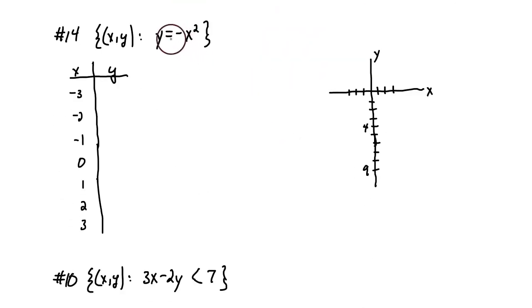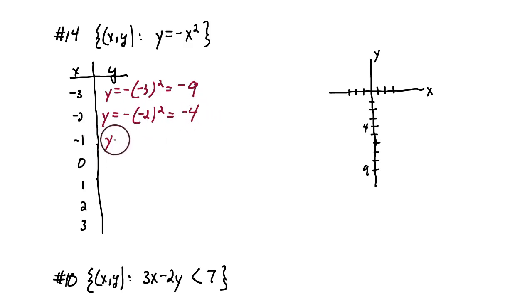Number 14, here's our equation for y in terms of x. Find the value of y when using these 7 integers for x. Let's substitute those numbers. -3 squared makes +9, and then in front of that is a negative. -2 squared makes +4, and then in front of that is a negative. -1 squared makes +1, and in front of that is a negative.